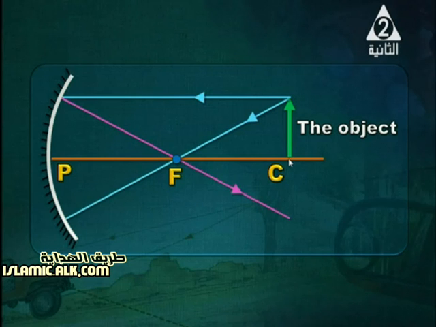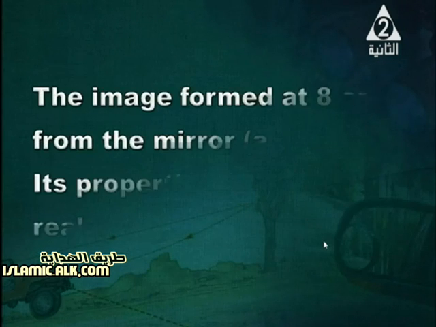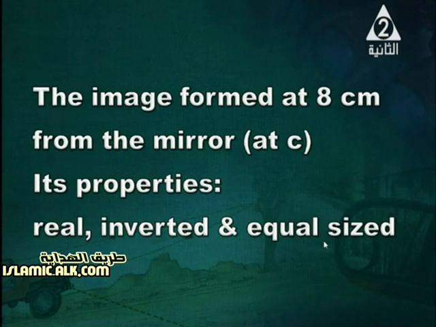The second ray is sent passing through the focus, and when it hits the concave mirror, it will reflect parallel to the principal axis. At the point of intersection of the two reflected light rays, the image is formed. We see that the image is formed at 8 centimeters from the mirror, at the center of curvature. Its properties are real, inverted, and equal in size.